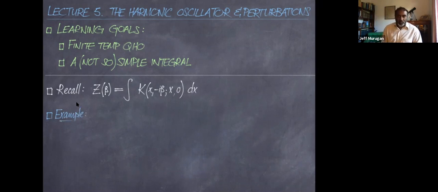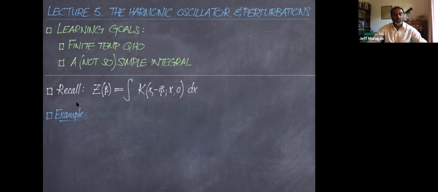So you'll notice that in your first set of exercises, the problem I asked you to tackle was to extend what we did for the free particle moving on a straight line to a quantum harmonic oscillator, right?